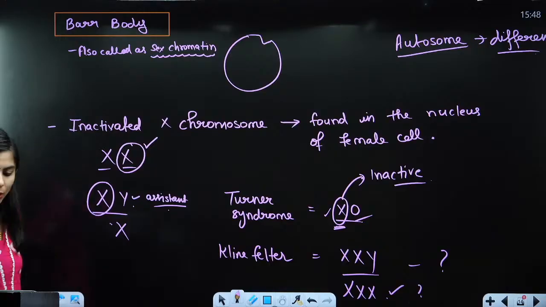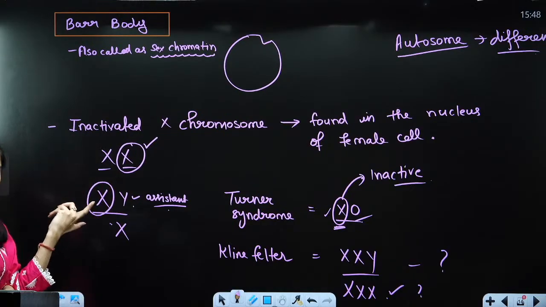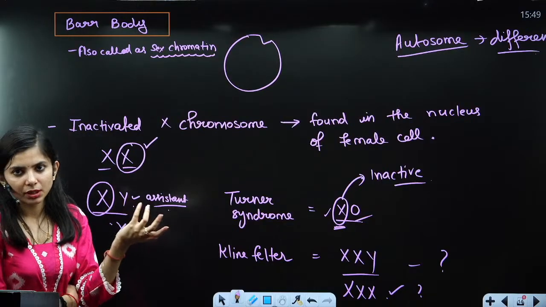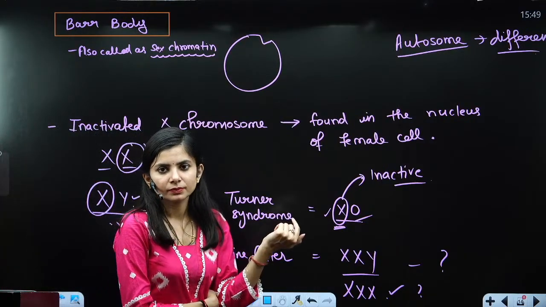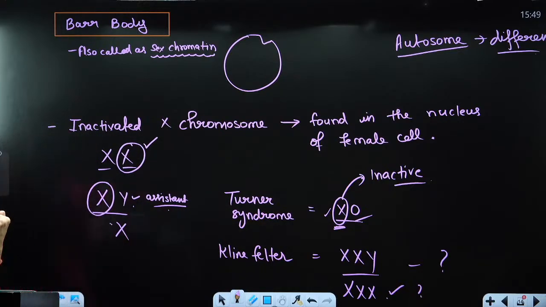Okay, so this is something related to the Barr body. Here just compare: X is the teacher, Y is the assistant. Let us suppose the teacher would be speaking and the assistant would be doing the other administrative works and all. So this is how it is being specified. Understood? Very well.